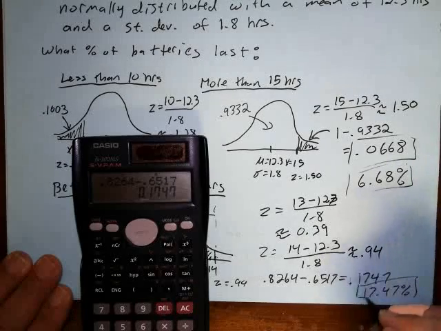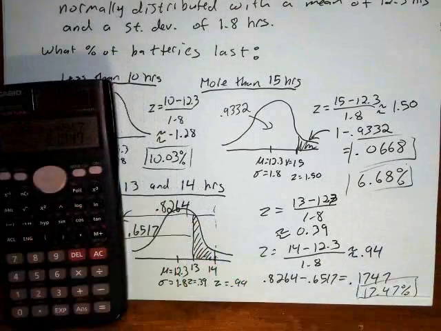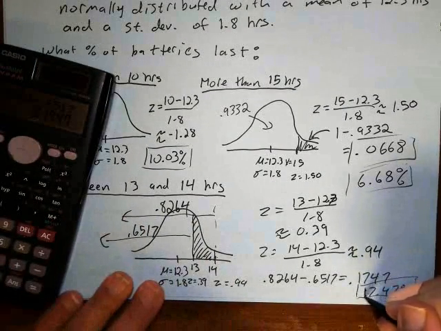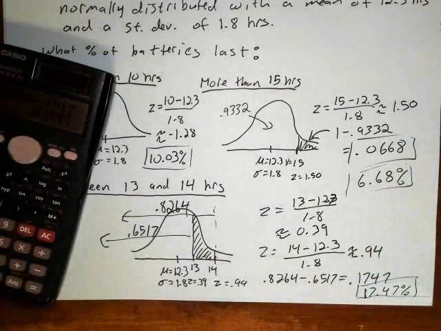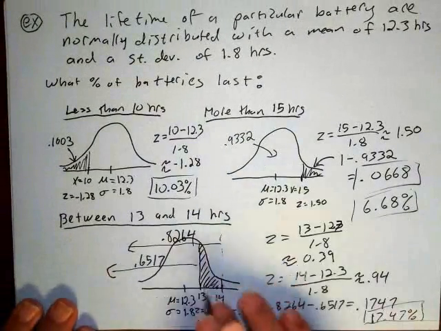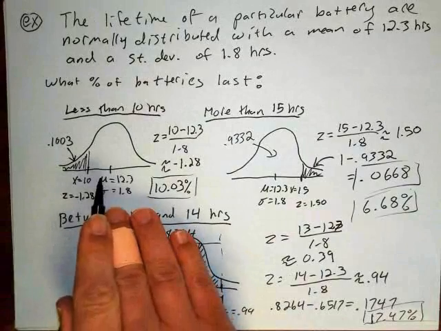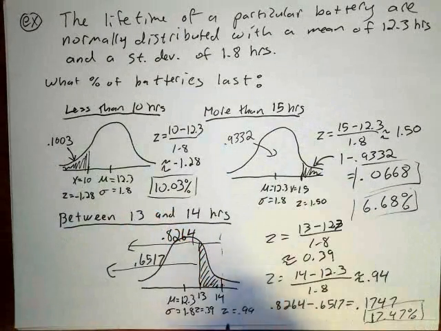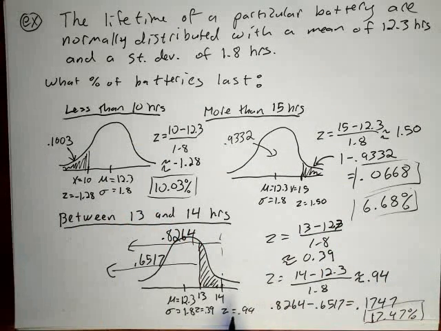So what percent of the batteries last between 13 and 14 hours? 17.47% of the batteries. And so there you go. That problem contains all three of those original cases: when you want to find the area below a z-score, above a z-score, and between two z-scores.